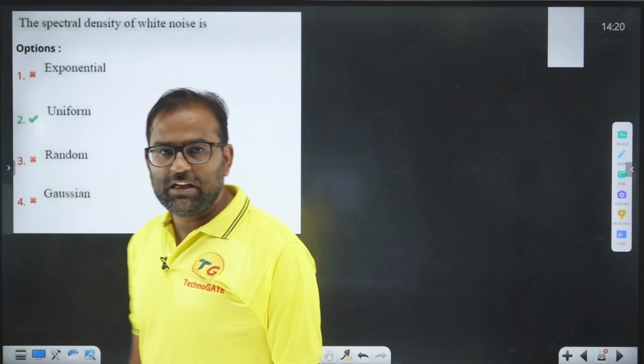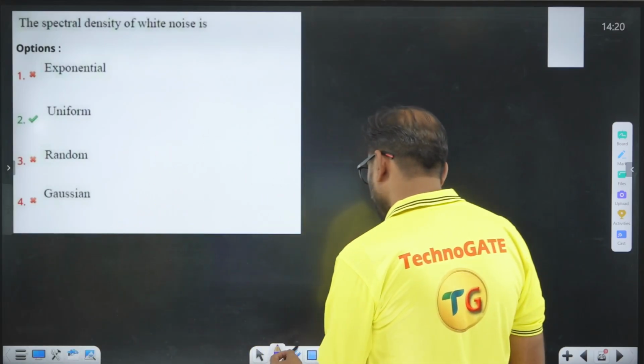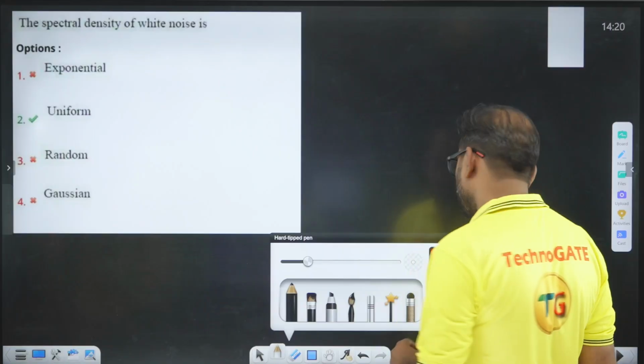Next, the spectral density of white noise. What is the definition of white noise? You should understand.